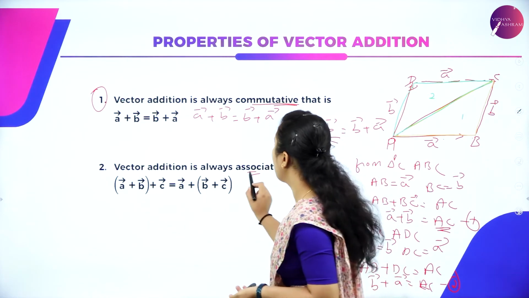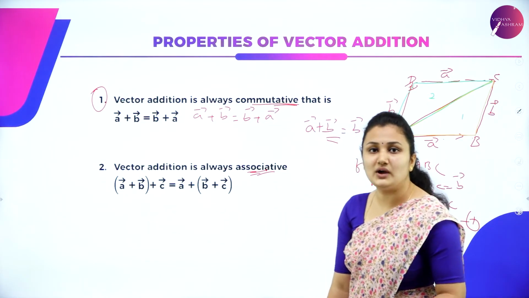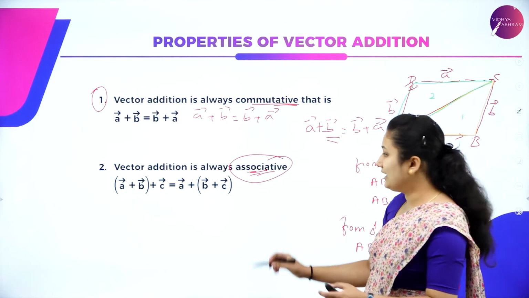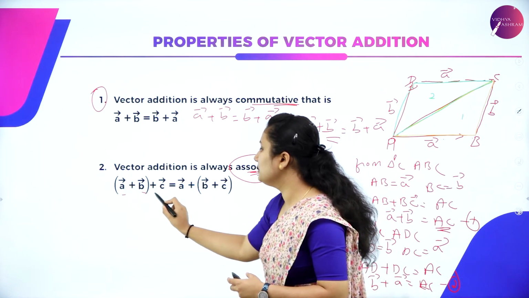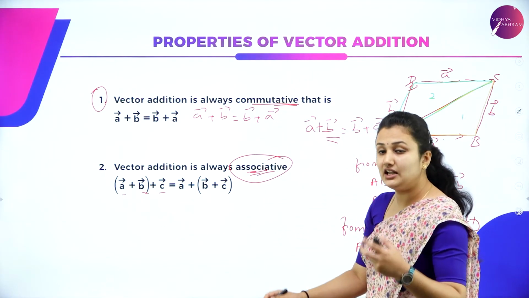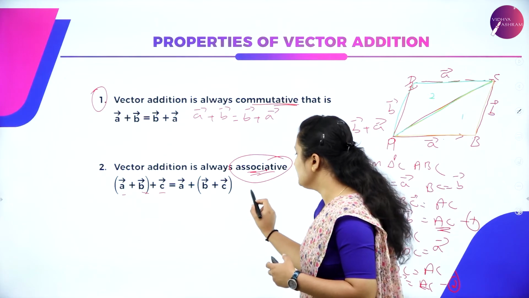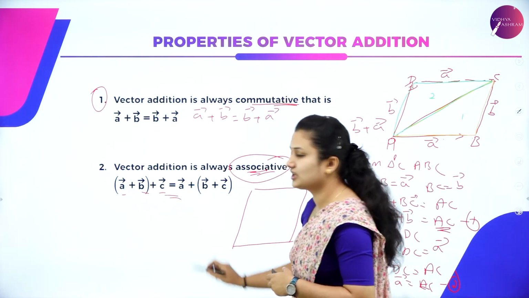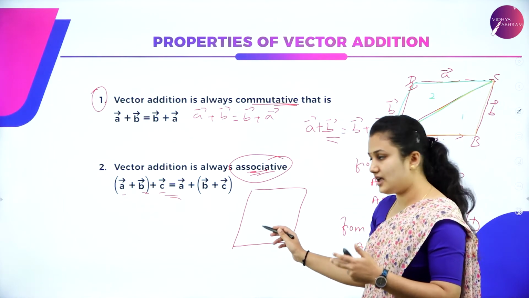Similarly, you have associative. What is associative? In case of associative, we'll have three vectors A, B and C. Taking a parallelogram, again we can obtain the associative law. You can do it for yourself. How?